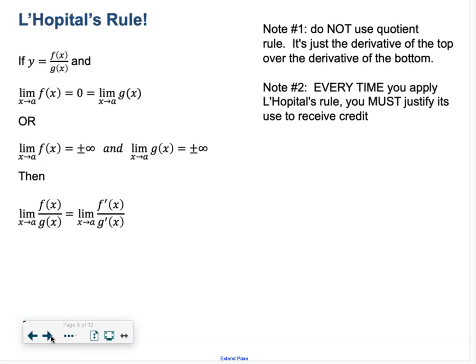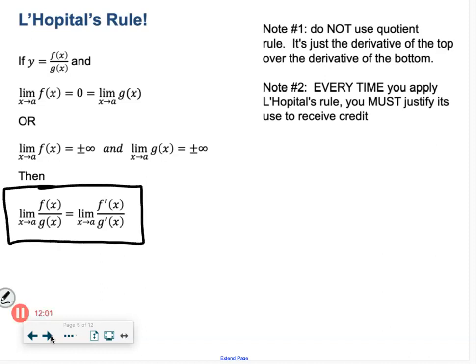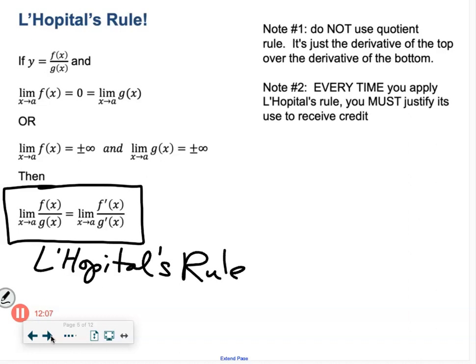If the limit of the top and bottom are both 0 or both an infinity, then the limit of the top over bottom, of f over g, is equal to the limit of their derivatives. This right here, this beautiful thing, is L'Hopital's rule.